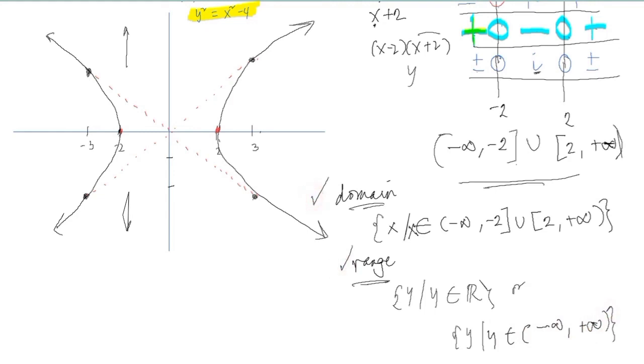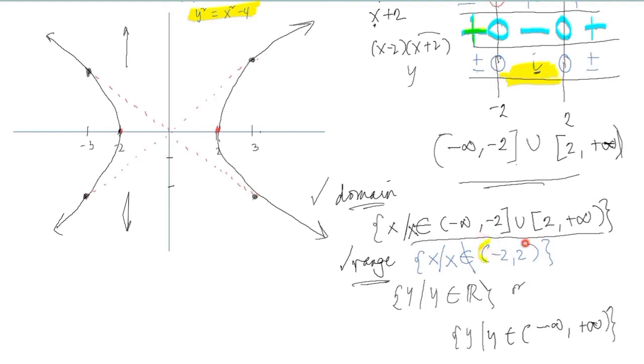Pero sa domain natin, ito lang po, no? Ito lang yung kasama sa domain. Or we can say on the other hand, doon tayo sa negative na part, no? Parang ito. Any value of x such that x is not an element of the set from negative 2 up to positive 2. Ibig sabihin, lahat ng number ay part ng domain maliban dito sa mga values na to sa pagitan ng negative 2 at ng positive 2.